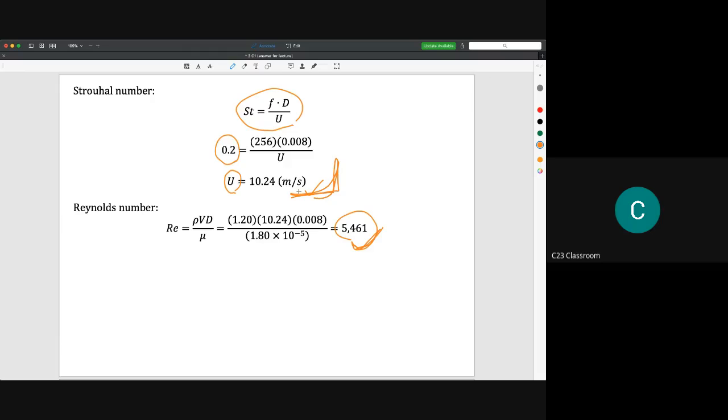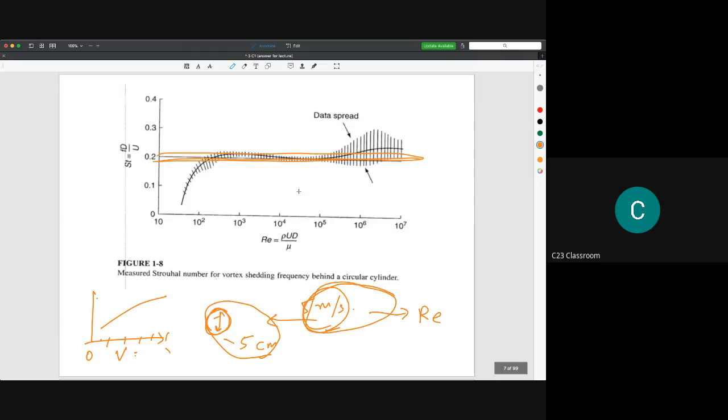The idea I want you to know is that in fluid mechanics we commonly use the Reynolds number to show the velocity, because it normalizes and eliminates the specific diameter of 5 centimeters and so on. In the Reynolds number you have diameter, density, mu, and so on.